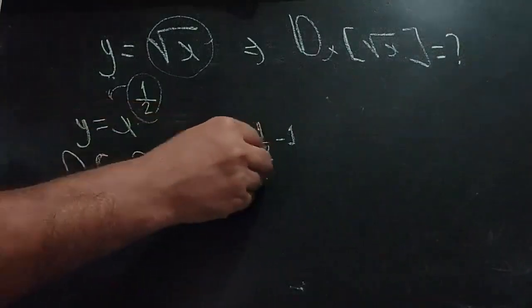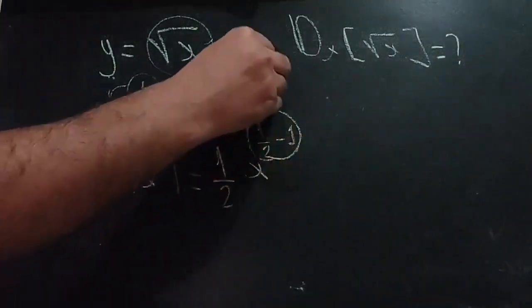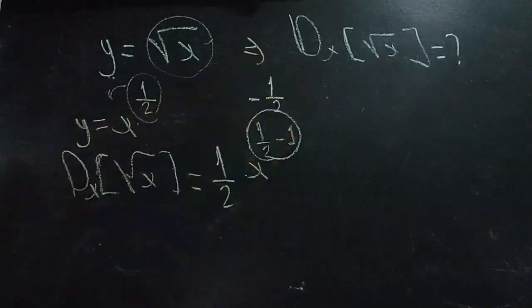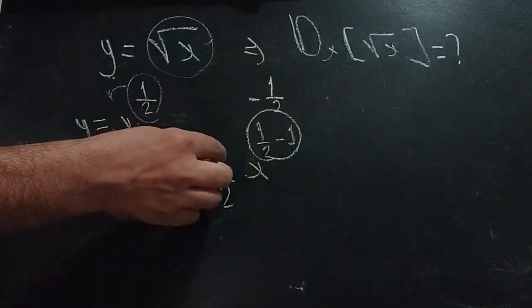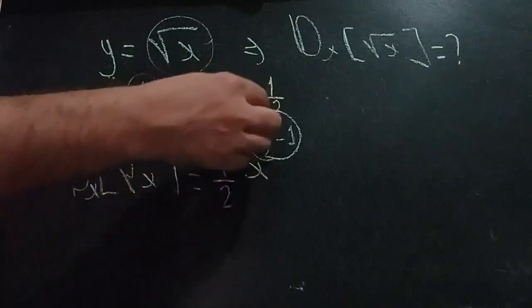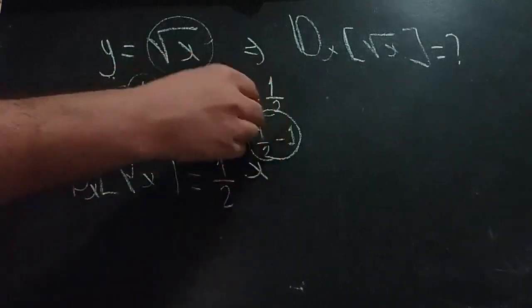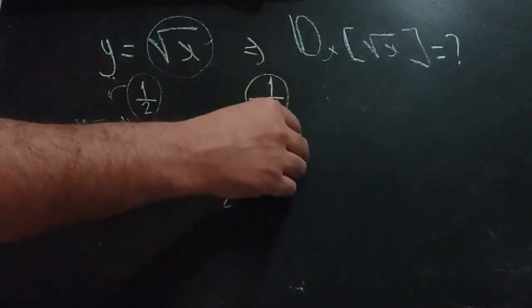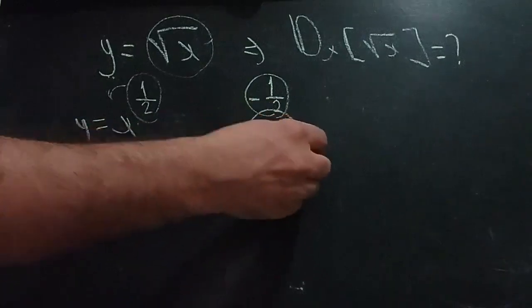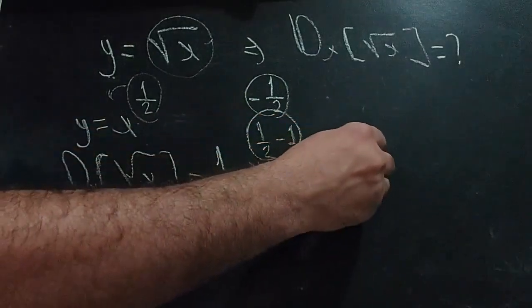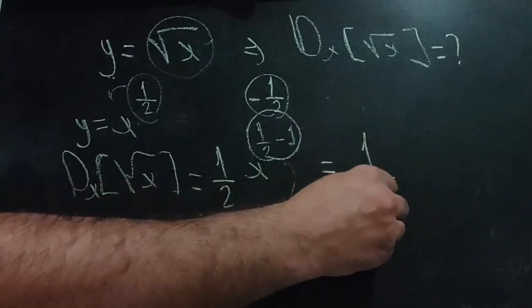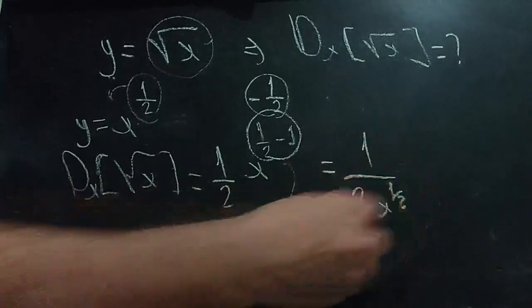So now from there I will get negative 1 over 2. That means I'm going to get 1 over 2 times x to the power negative 1 over 2. Because of that negative sign, you will take x to the bottom, which is going to be 1 over 2 times x to the power 1 over 2.